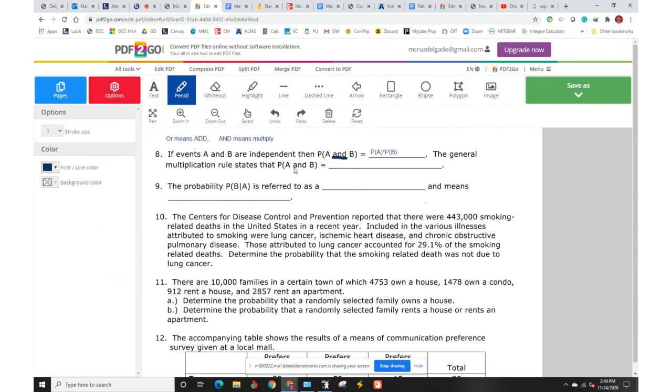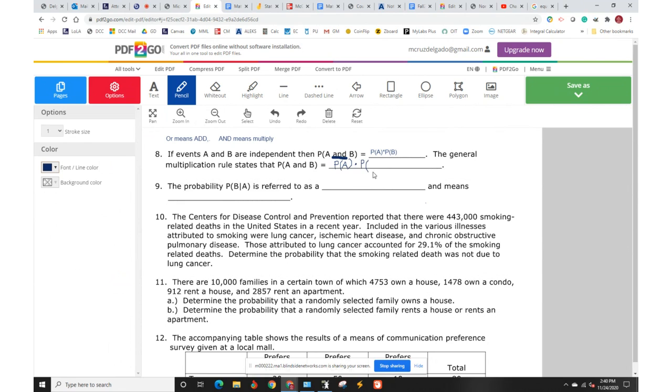So the general rule, it's kind of confusing the way that they write it, but this one works for whether it's independent or not. And I think they even break this in two and do it the opposite way as well, but it just means multiply.